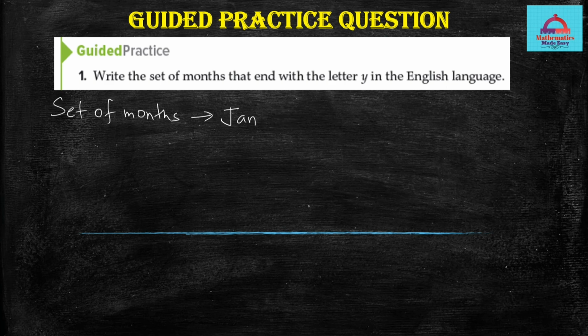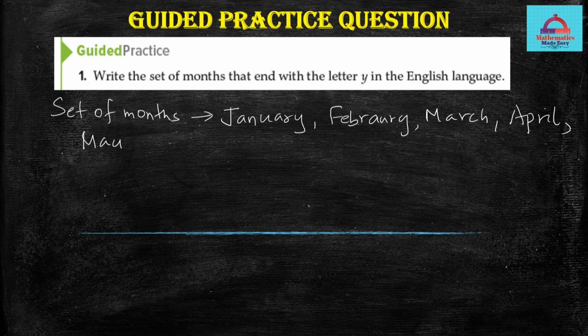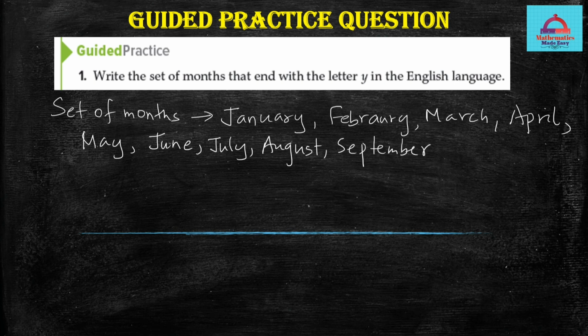We have to just see which are the ones which are ending at Y. So yes, January, then February, March, April, May, June, July, August, then September, October, November, and the last month, December.